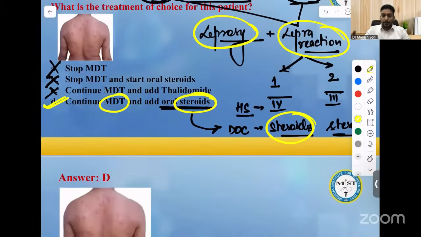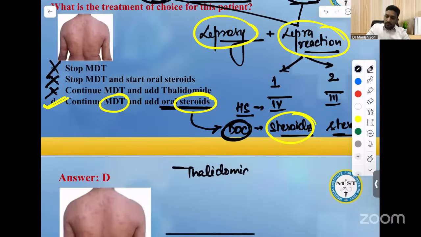Now remember that thalidomide also has a role in the treatment of lepra reaction, but it is not the drug of choice. The drug of choice is steroids, but in a patient where we cannot use steroids, you can give thalidomide. But remember, it is not used in type 1. It is only effective in type 2.